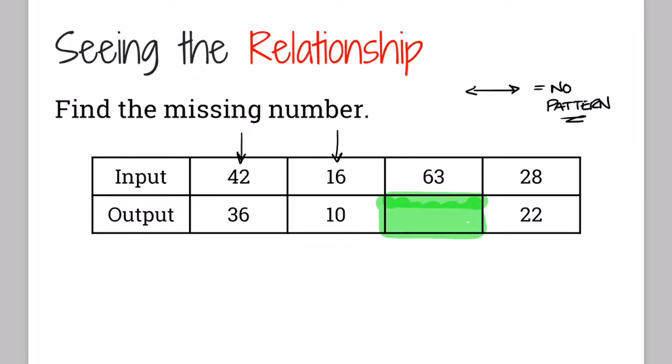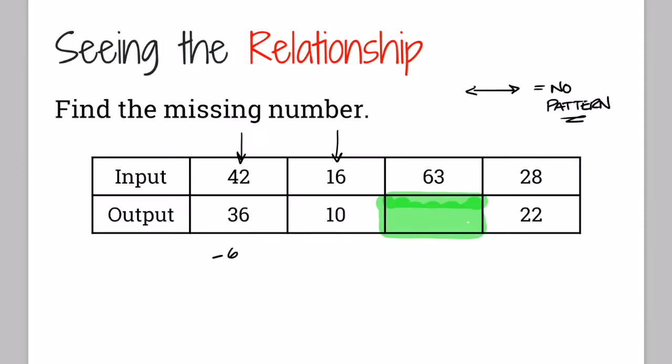But just because I don't see a pattern, I don't give up. What I need to start doing is looking from top to bottom. Now let's take a look here. The input is 42, then 36. What's the difference here? What just happened? Well, you see it's minus 6. 42 minus 6 equals 36.